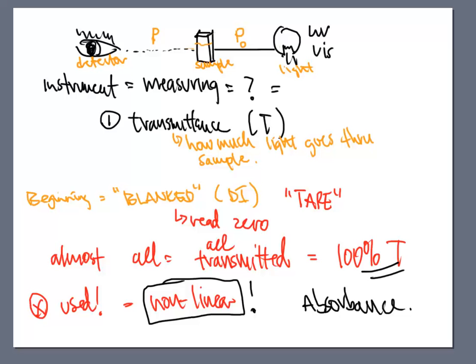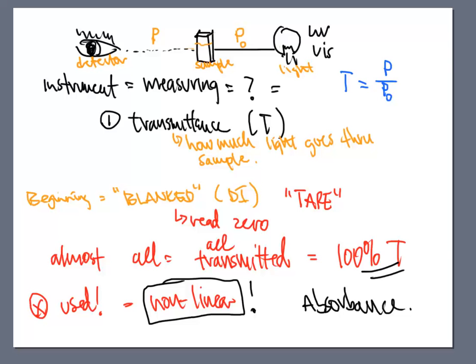There's got to be something special to it, right? If you want an equation to calculate transmittance, they're out there. Transmittance is equal to the light that has left the cuvette that hits the detector, divided by the light that was coming through the sample and into the detector in the very beginning with nothing in it.